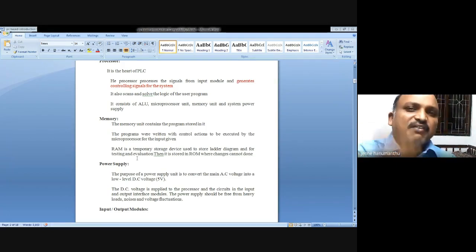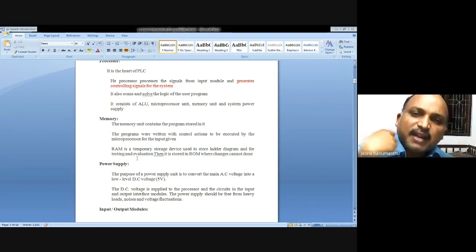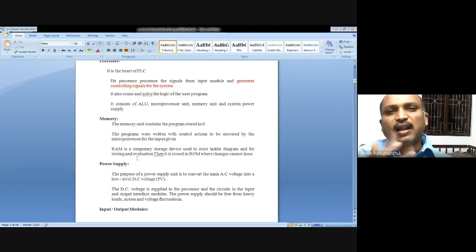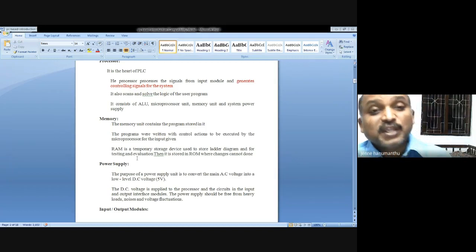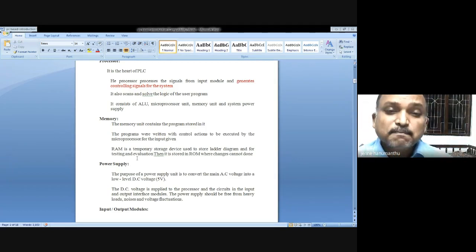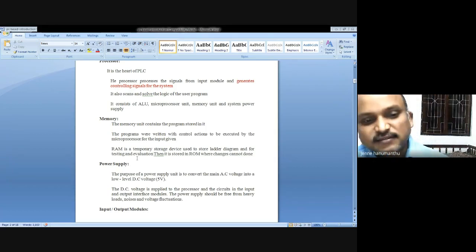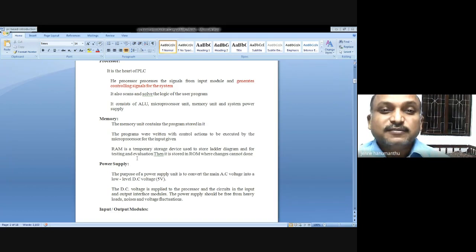You can retrieve it by sending some address. But there is another name for RAM. In the computer organization subject, you have learned all these concepts. RAM means we can read and we can write it: read-write memory.